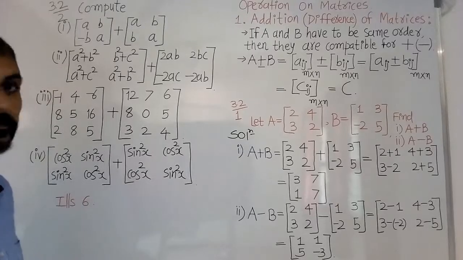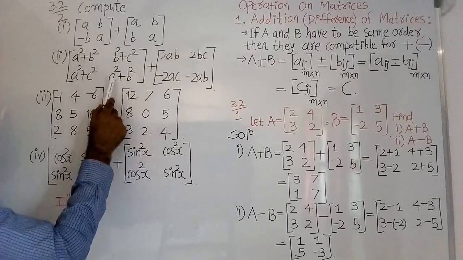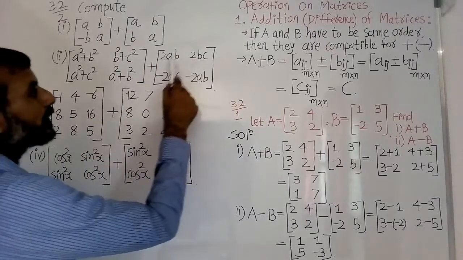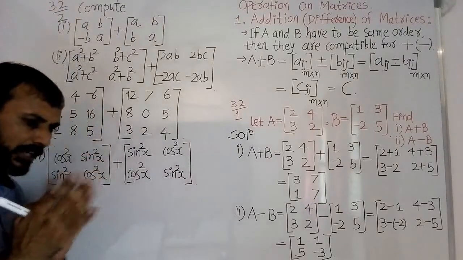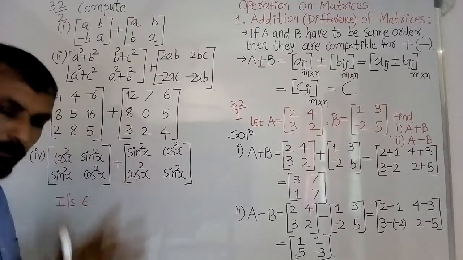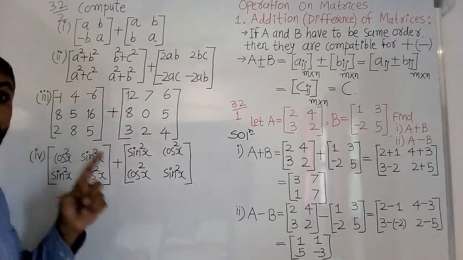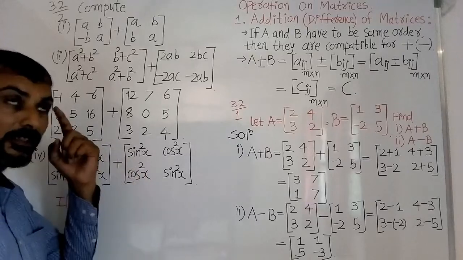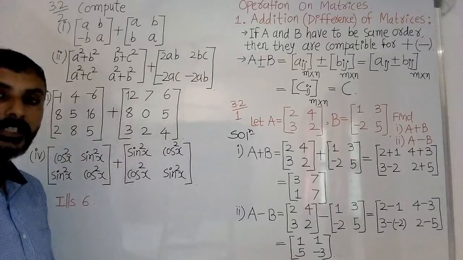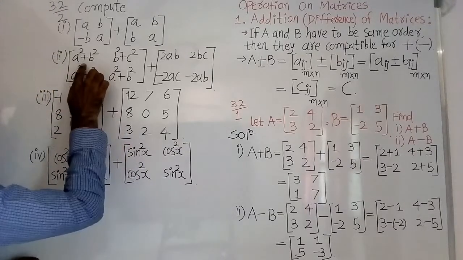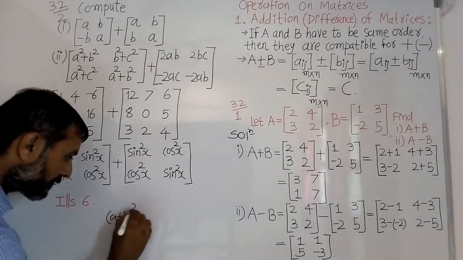Next example. A square plus B square, B square plus C square, A square plus C square, A square plus B square, 2AB, 2BC, minus 2AC, minus 2AB. So this is like factorization. Remember, A square plus B square plus 2AB is factorization with a perfect square. Yes, A square plus B square plus 2AB means A plus B whole square.